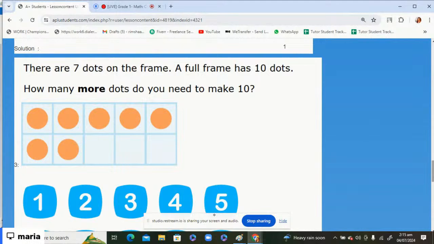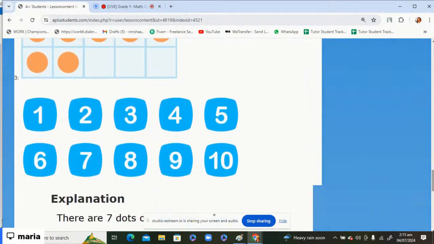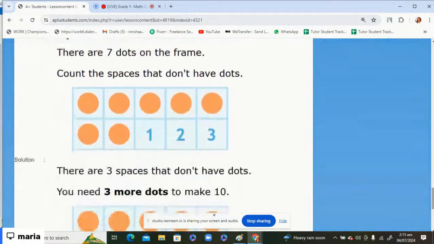Look here, there are 7 dots in the frame, and the full frame has 10 dots. So how many more dots do you need to make 10? First you count the empty spaces, and then tell me how many more dots you need to make 10. Let's count. It's 1 2 and 3. Total 3. So we put 3 here. Let's check. Yes, our answer is right.